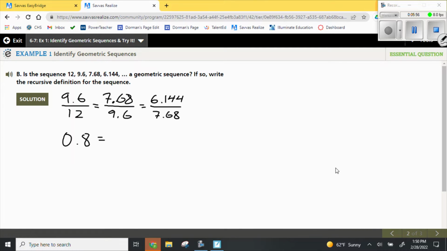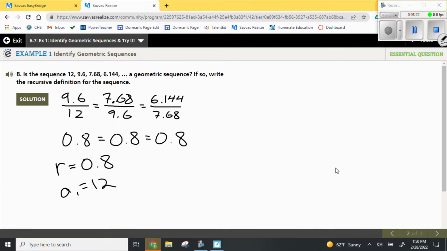I put the next ratio in, and I also get 0.8. I put the ratio of 6.144 divided by 7.68 in my calculator, and I find that that is also 0.8. What does that tell us? It tells us that it is a geometric sequence, and that my common ratio r is 0.8. So we know what r is. We know that a sub 1 is 12.